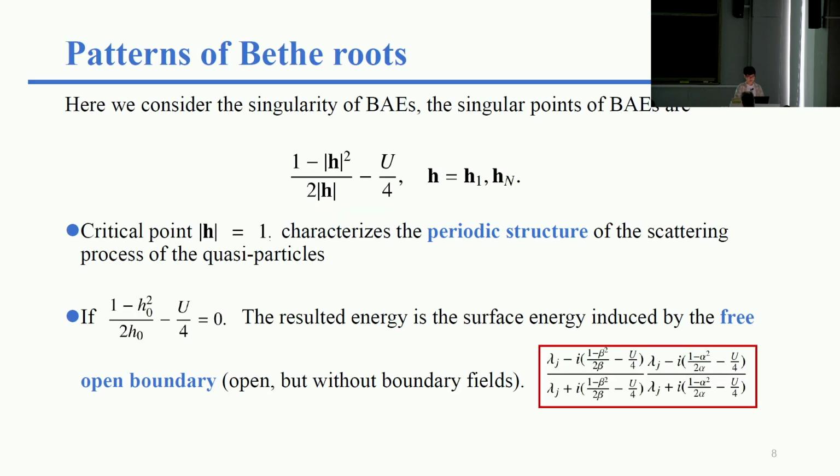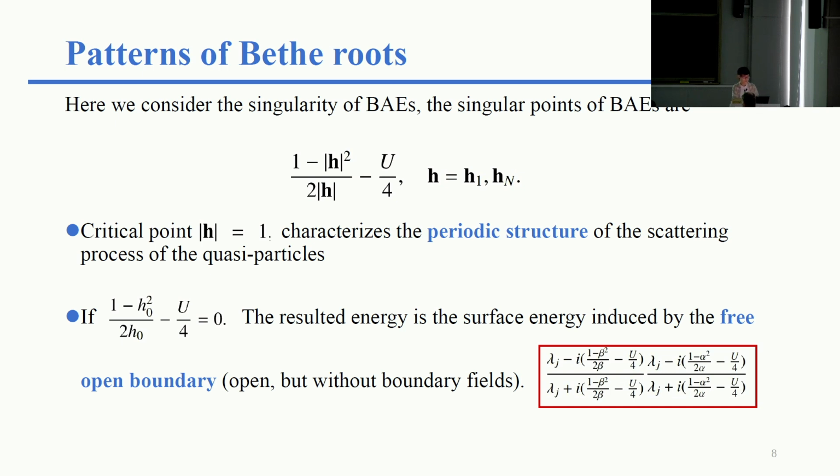The next part is about the patterns of Bethe roots. Just like the last part, we need to know the distribution of the Bethe roots. So here we consider the patterns of the Bethe roots. Firstly, we need to consider the singularity of the BAE. Here there are 2 singular points.